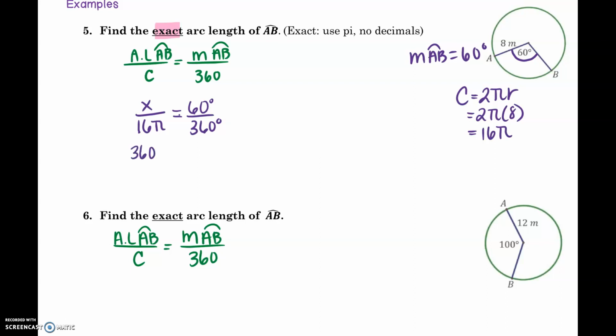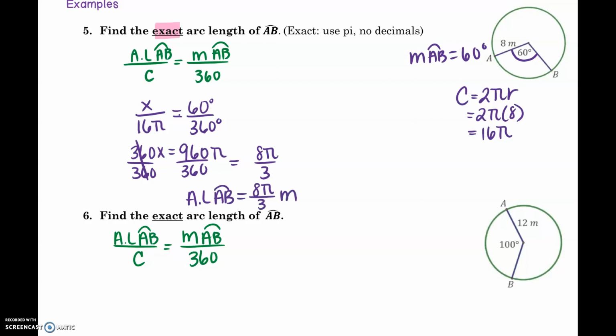So we have 360x equals 960 pi. We're going to divide by 360 on both sides. 360 does not go into 960 evenly, so we're just going to reduce that fraction. And we get 8 pi over 3. So the arc length of arc AB is equal to 8 pi over 3 meters.